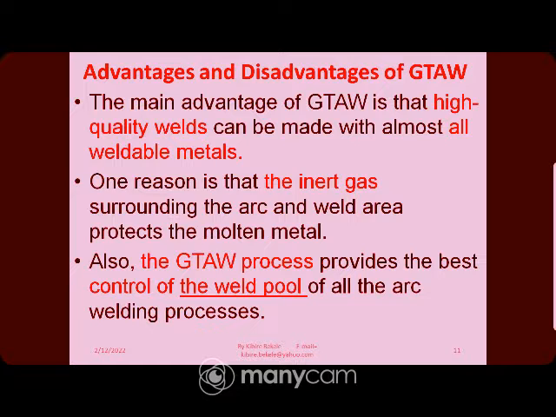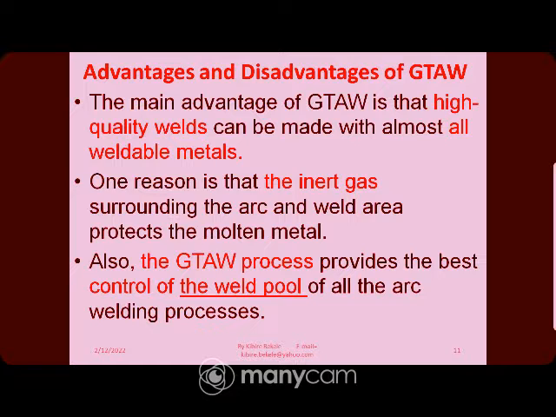Because there are different parameters, different variables, and different problems when you compare the process with other processes. We must understand in detail the advantages and disadvantages of arc welding processes, and how we can compare one arc welding process to another. So in this topic, we discuss the advantages and disadvantages of gas tungsten arc welding.